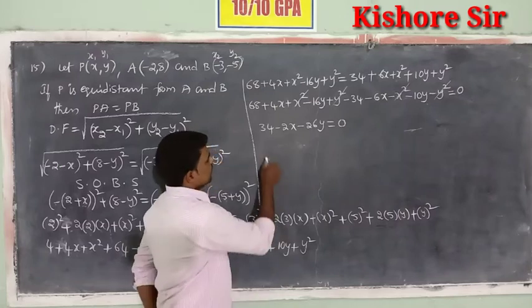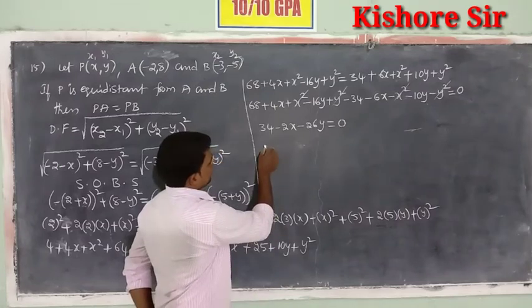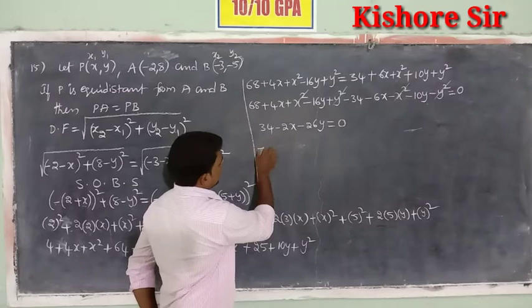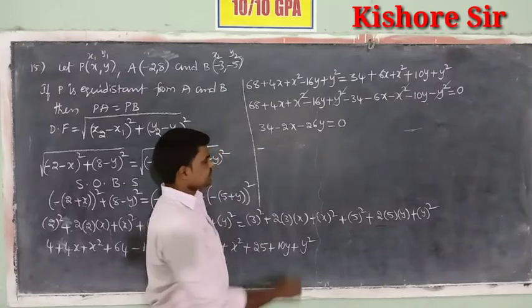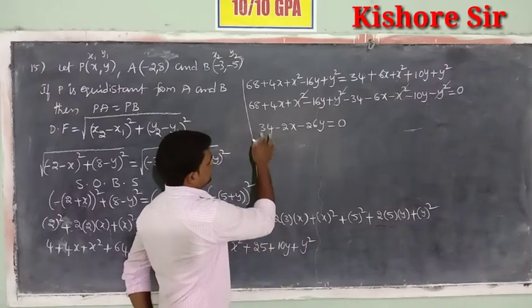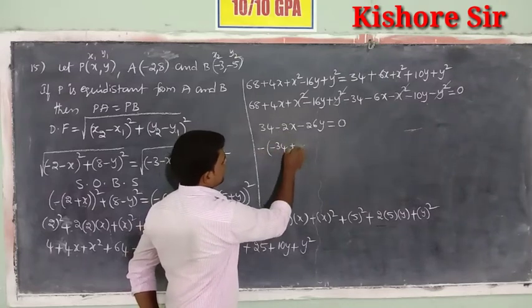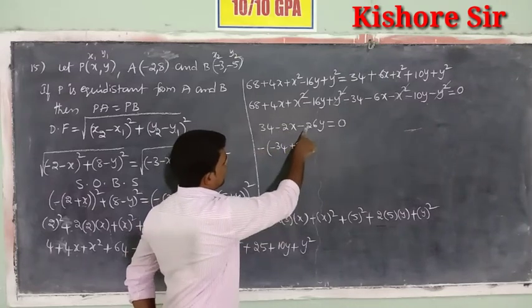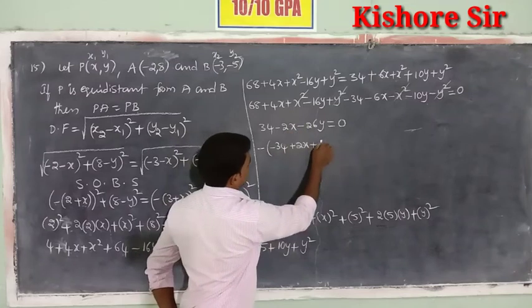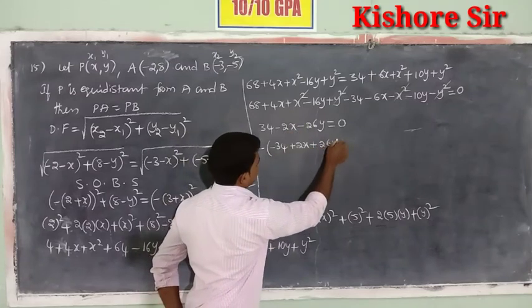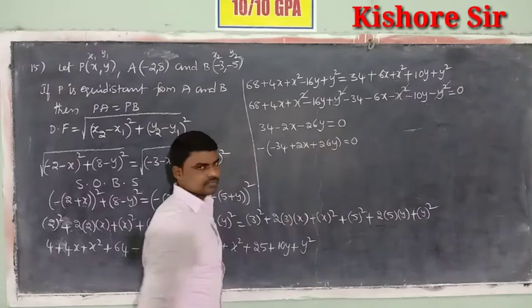Okay. So take minus in common. Here plus becomes minus 34, minus quantity becomes plus 2x, minus becomes plus 26y is equal to 0.